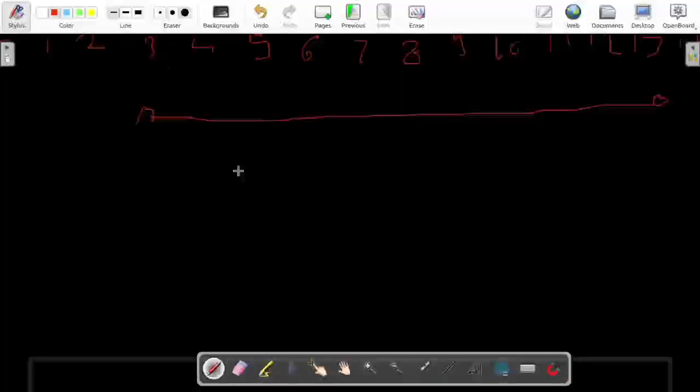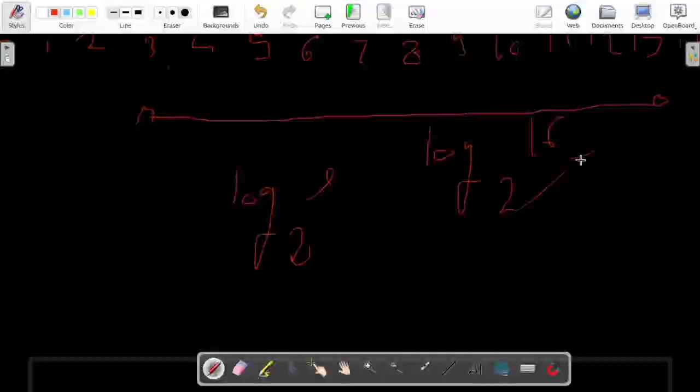Now, we have this logarithmic formula which simply tells us how many powers of 2 are required to reach L. Correct? For example, log 16 to the base 2 is 4. You need 4 powers of 2 to reach 16. Log 25 to the base 2 is also 4 point something.